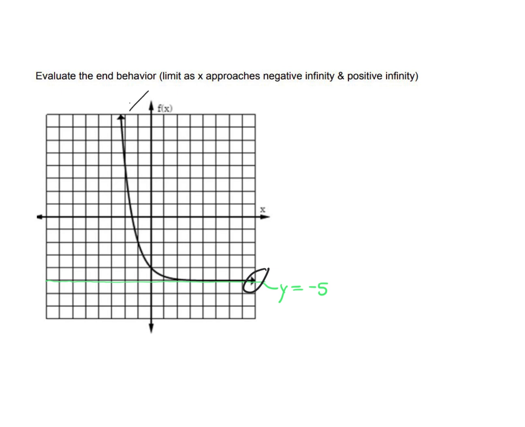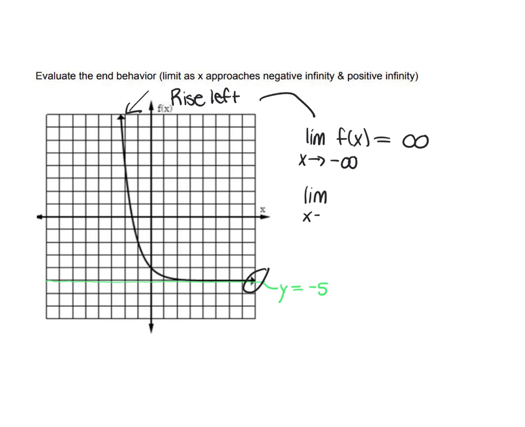This part still would be considered a rise left. So for rise left, we have the limit as x goes to the left, so that's negative infinity of f of x is positive infinity. That part's the rise. The limit as x approaches infinity of f of x is going to be -5.